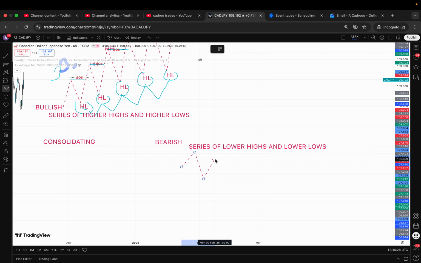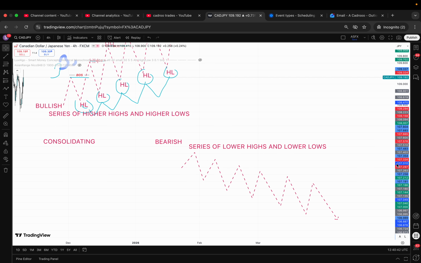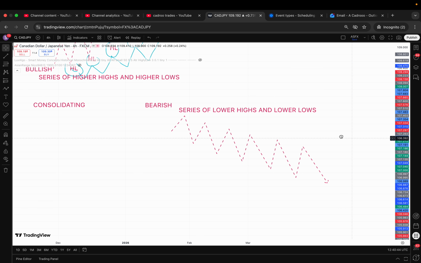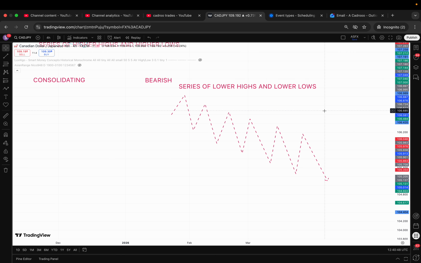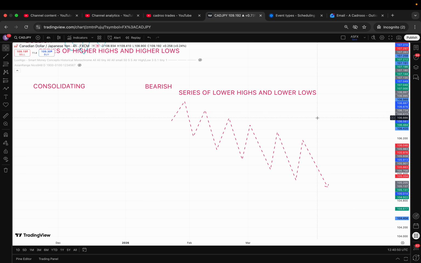Series of lower highs and lower lows. Ignore my drawing, guys. So in this bearish market, we're focusing on the series of lower highs and lower lows, the exact opposite of higher highs and higher lows.